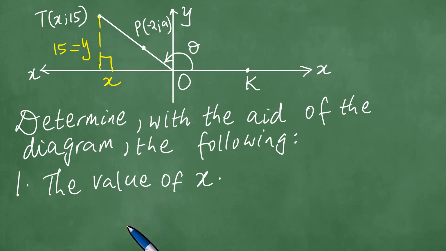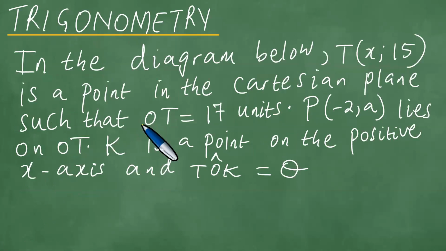Then what do we do next? We want to find the value of x, the first coordinate. We know that OT is 17 units.